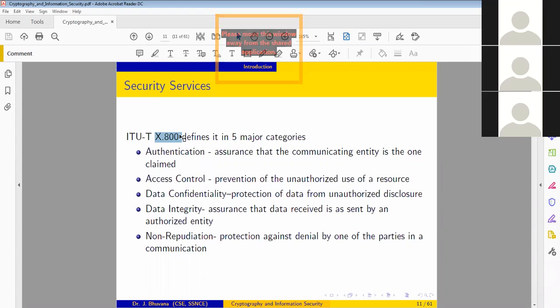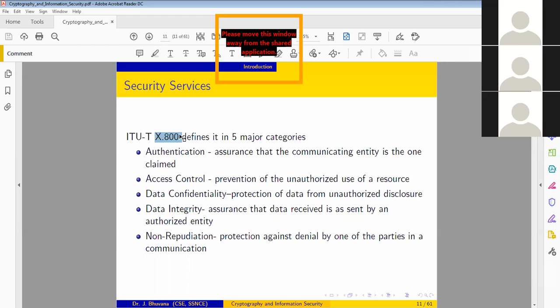In the same way, the other end should know with whom this particular end party is communicating. If both the end parties are able to verify the identity of the user they are communicating with, then that particular service is called authentication. It is the assurance that the communicating end party is the one that it claims to be.